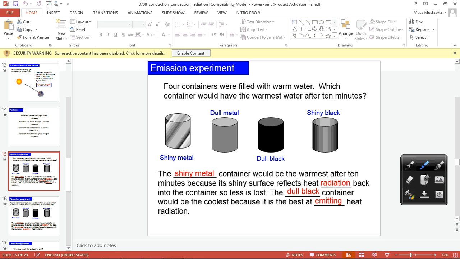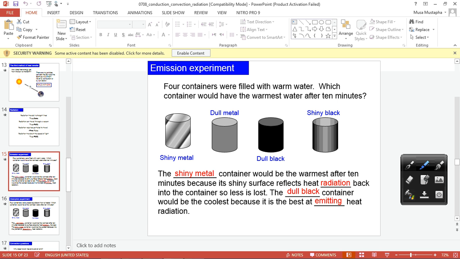We want to talk about how we use the color of a material to know how it sends heat energy away or absorbs heat energy. Four containers were filled with warm water. Which container would have the warmest water after 10 minutes?